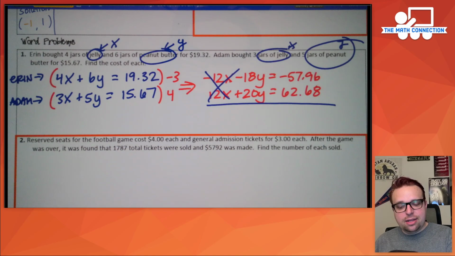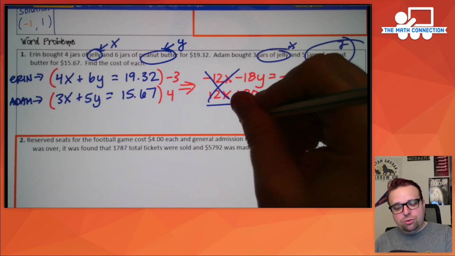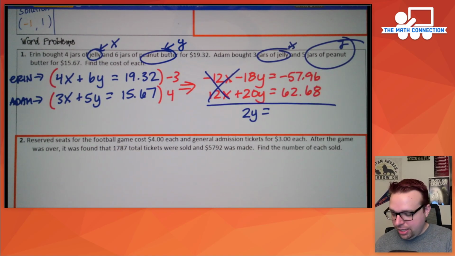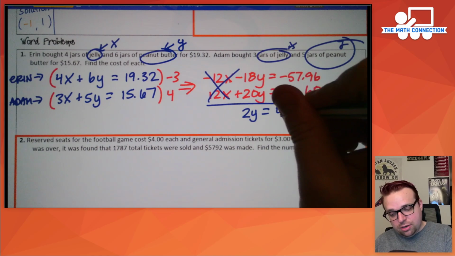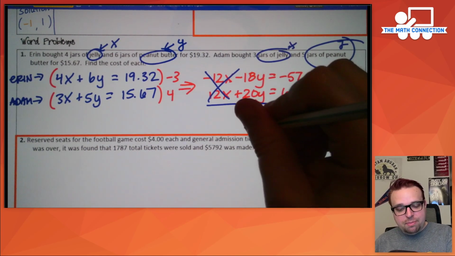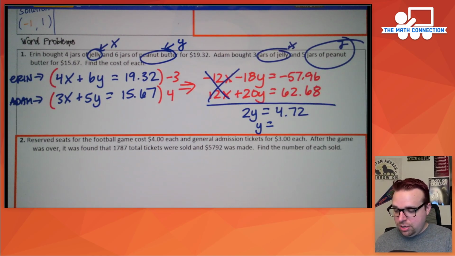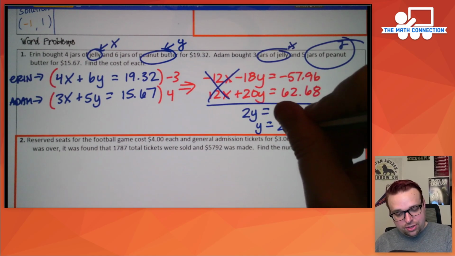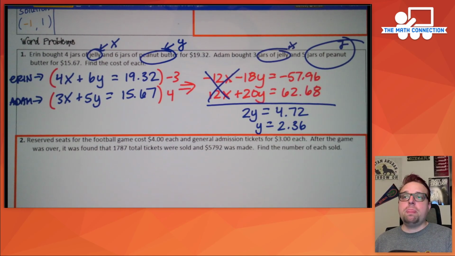Okay, the x's cancel, so you have 2y equals, so negative 5796 plus 6268 is 472. Divide both sides by 2, and you get $2.36. So, or 2.36, but this is representative of dollars because y is the cost of a peanut butter jar.